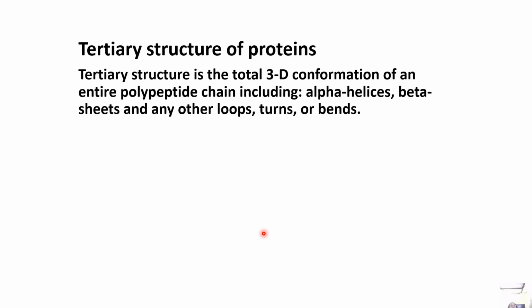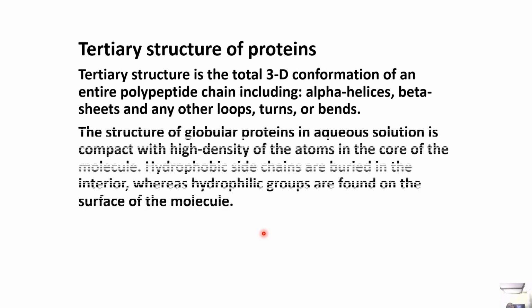Now, if we talk about the tertiary structure of proteins, tertiary structure is the total 3D conformation of an entire polypeptide chain, including alpha helices, beta sheets, and any other loops, turns, and bends. The structure of globular proteins in aqueous solution is compact, with a high density of atoms in the core of the molecule. Hydrophobic side chains are buried in the interior, whereas hydrophilic groups are found on the surface of the molecule.